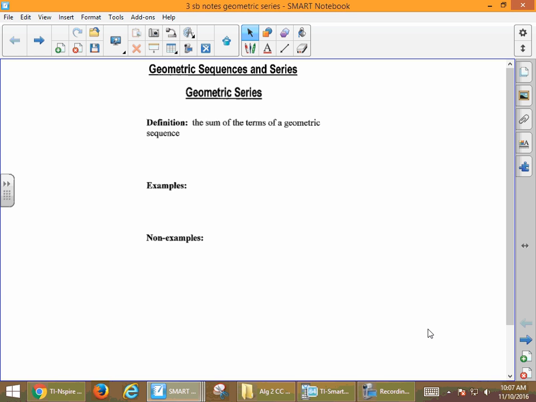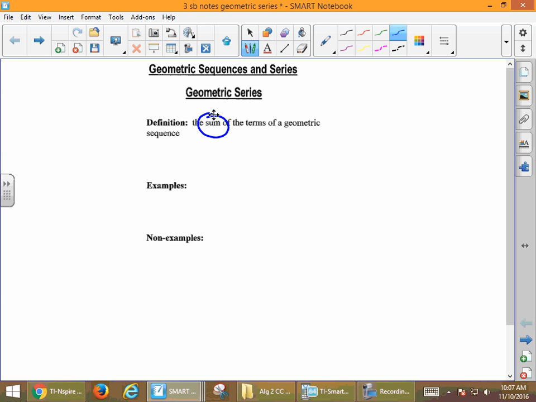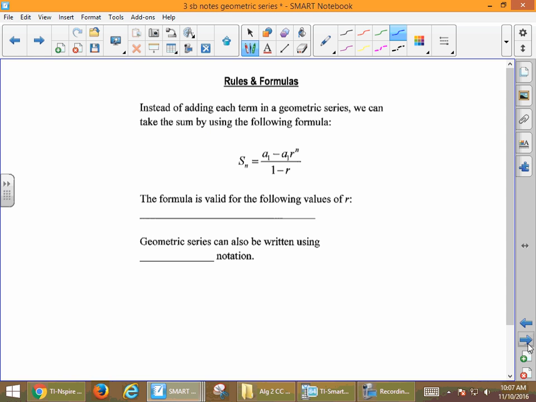An arithmetic series is the sum of the terms in an arithmetic sequence. We need to be adding these together. I'm going to skip over the examples and the non-examples and jump down here to the formula. Again, the formulas will be provided for you.